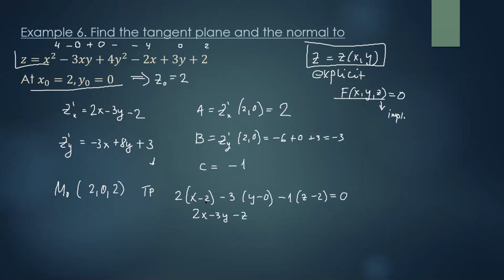Here we have -4, 0 and +2, that's -2. Of course, we can change it. And the normal: (x minus 2) over 2, (y minus 0) over -3, (z minus 2) over -1. And that's it. Nothing else needs to be done in such a standard classical problem, the classical task.